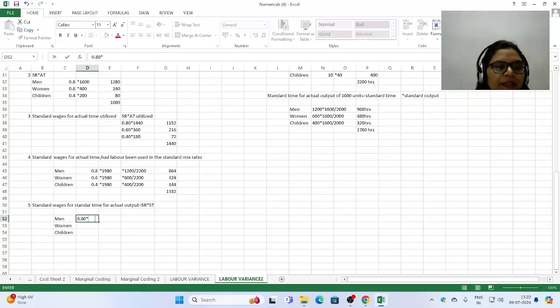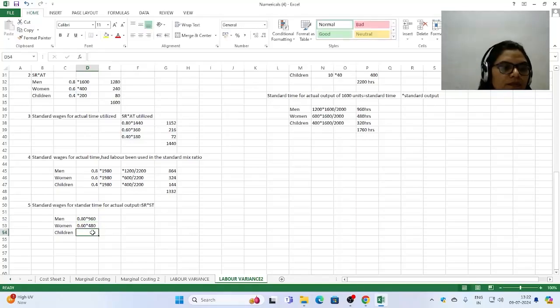Then 0.80 into 960, standard time for actual output. And we have got again 0.60 into 480. Next 0.40 into 320.